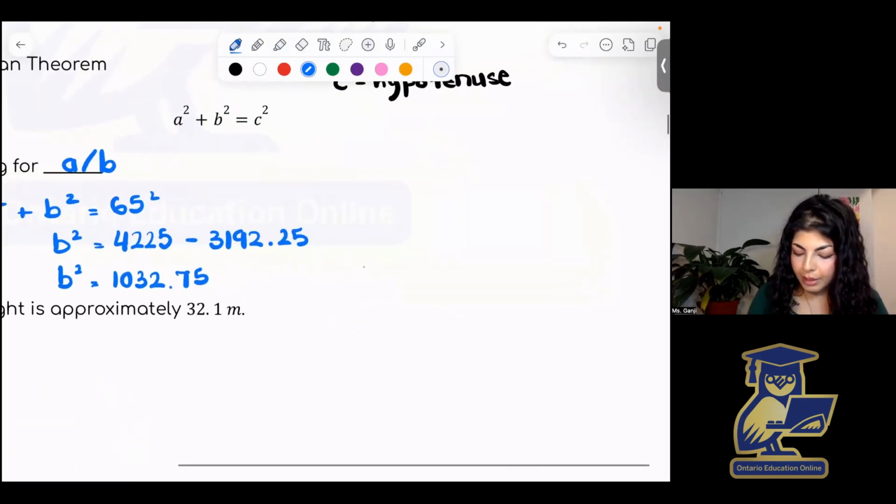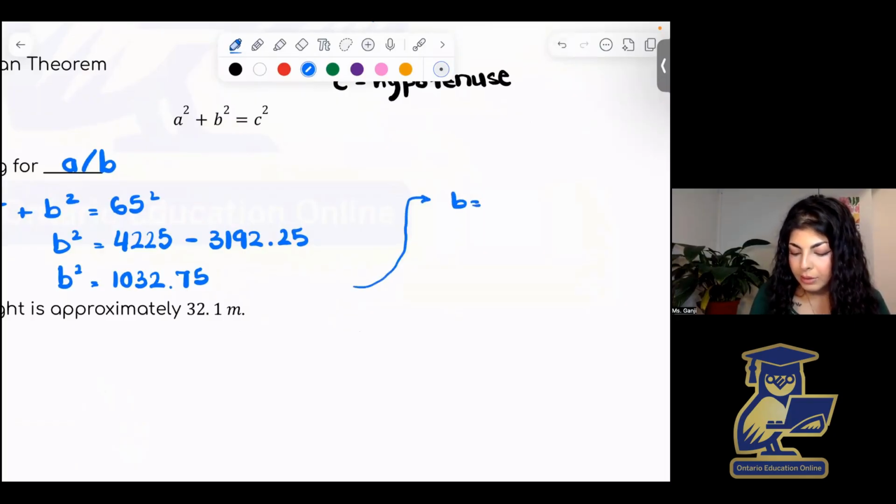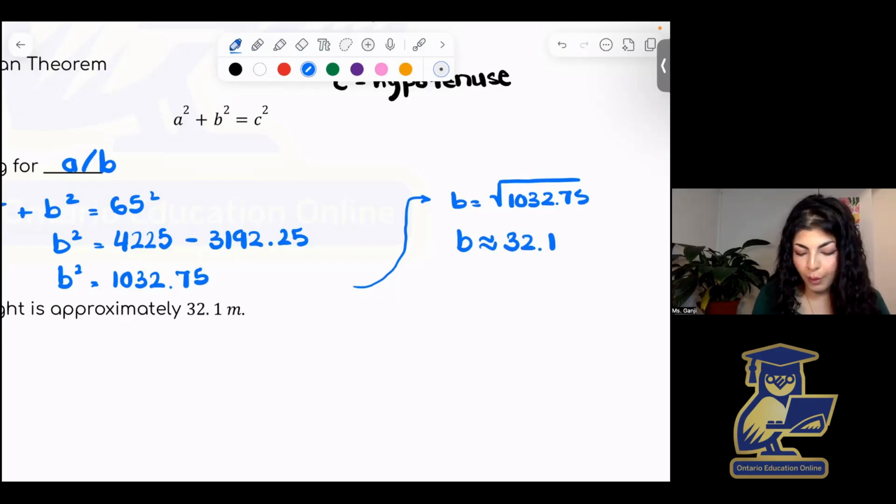B is going to be the square root of 1032.75. And if I take that square root, I will get that b is approximately, and just one decimal point here is fine, 32.1.